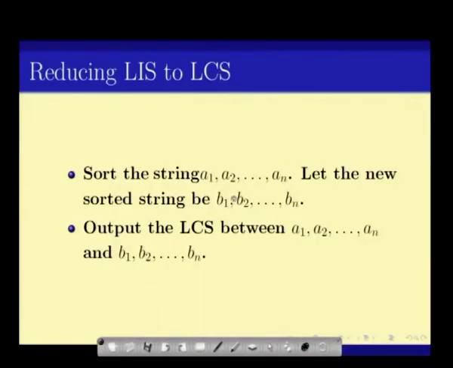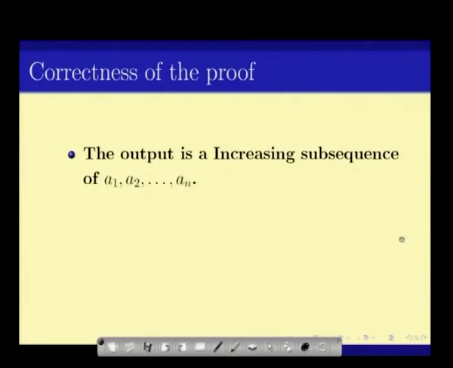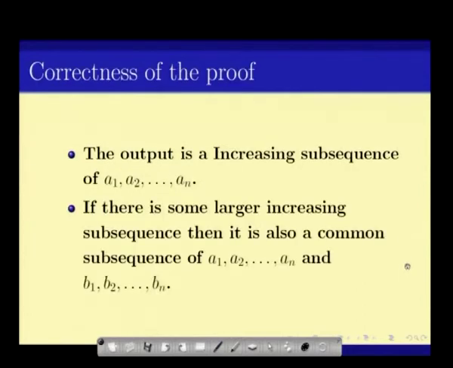Because the longest increasing subsequence of a1 to an is also a subsequence of b1 to bn, since b1 to bn is sorted and that subsequence will not be changed. In other words, the output is an increasing subsequence, and if there exists any larger increasing subsequence, then it is also a common subsequence of a1 to an and b1 to bn.